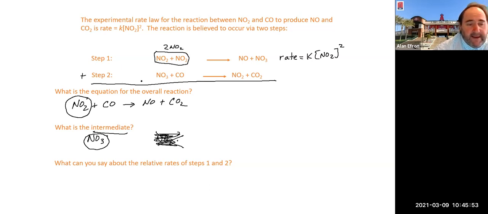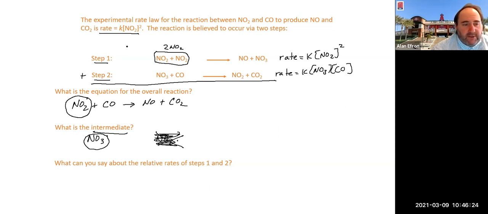For the second step, the rate would equal k times NO3 and CO. In this mechanism, they didn't label either step as fast or slow, as I mentioned earlier. So we can use these rate laws and the experimentally found one to help determine what is happening in each step.